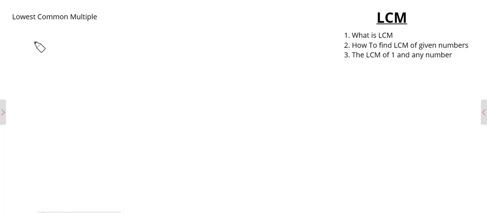For instance, if we have 3 and 4, when we talk about LCM, we are talking about the lowest number which 3 and 4 can divide without a remainder.